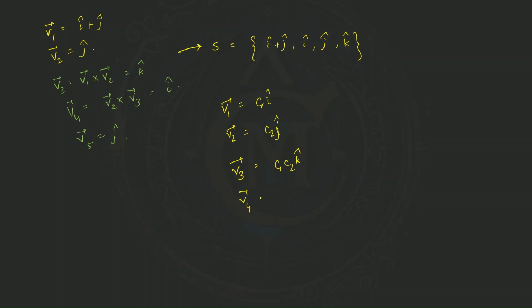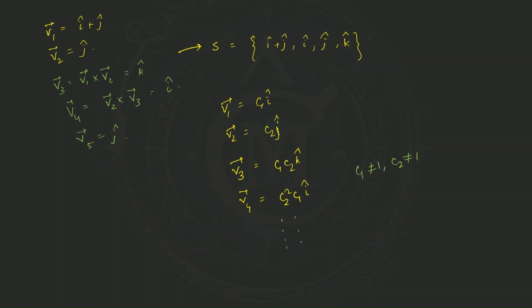So v4, if we calculate, we have v2 cross v3, which is c2 square c1 j cross k, which will give us i, right? Now see, in this case, if let's say c1 is not equal to 1 and c2 is not equal to 1, that means these vectors are not unit vectors, okay? Then the magnitude of these vectors will be different, right?